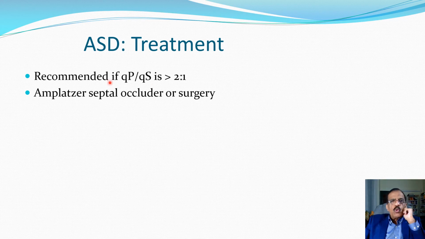If it is 2 times more than the systemic circulation, even if the child is asymptomatic, it is best to operate. Of course, the ultimate decision will be made by a competent cardiologist and a cardiac surgeon, and also by the family, but this is the criteria. You should not delay it for too long, because in that case pulmonary hypertension will develop and then operation or treatment will not be possible.